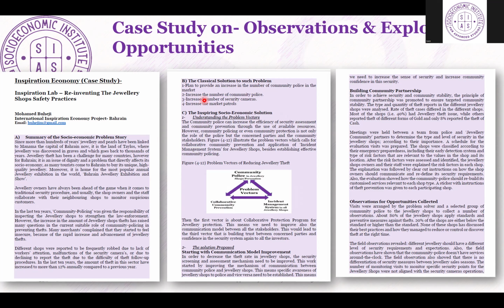In this case, for example, there is community policing, security cameras, market patrols, whatever. And then we start to show what the opportunities are that come based on the observation we have done: how we can improve community policing, how we can bring a collaborative community solution, again prevention, and how we can enhance our management of incidents and near misses, the mistakes that were made even without theft.